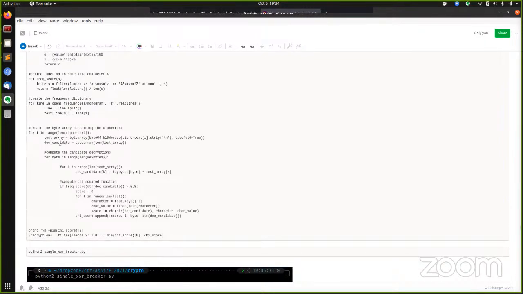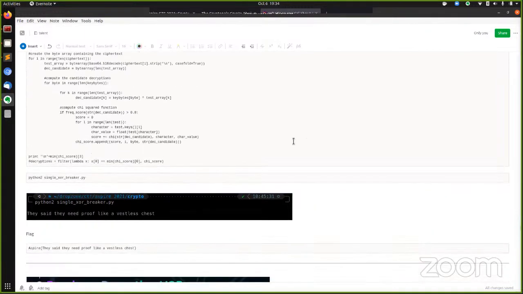The first thing we do is create an array that contains the ciphertext. Then we try all possible decryptions and save them in the array. Then we compute the chi-squared score.